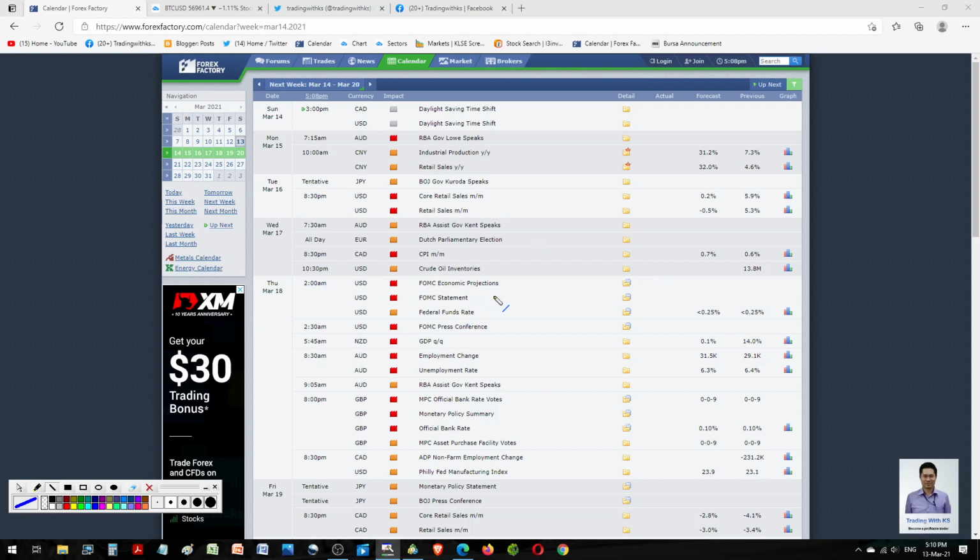So Thursday, the US federal rate, they expect no changes, so Thursday, be careful. If there are any big changes in the federal fund rate, there will be a big impact on the dollar. So Thursday, be very careful. Also, New Zealand quarterly GDP, they also expect a drop.